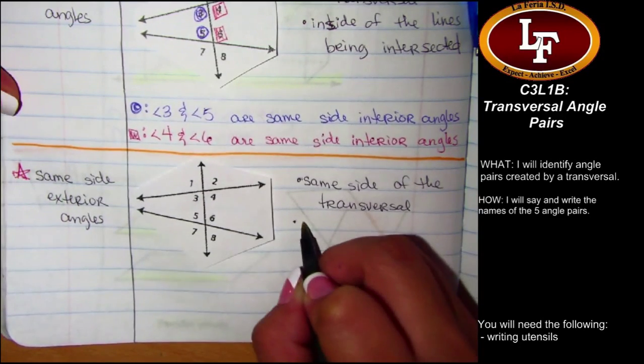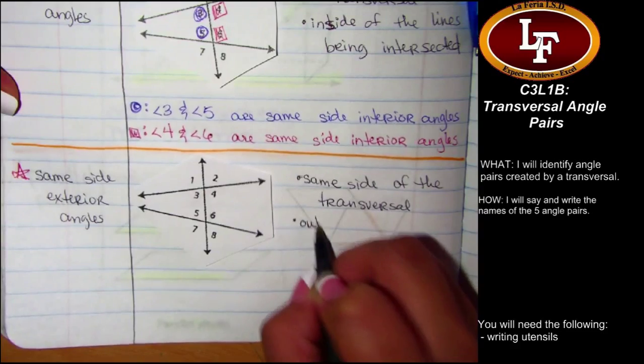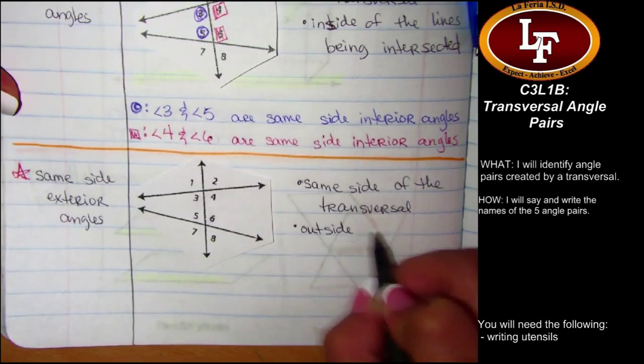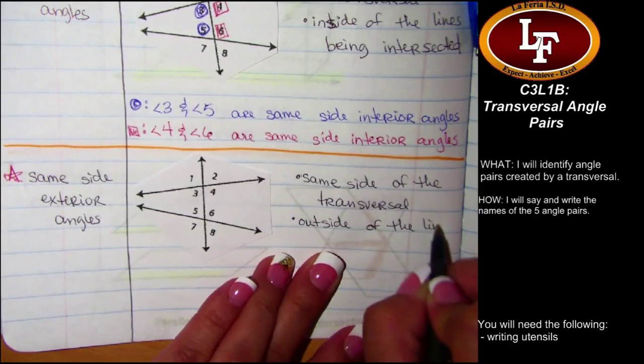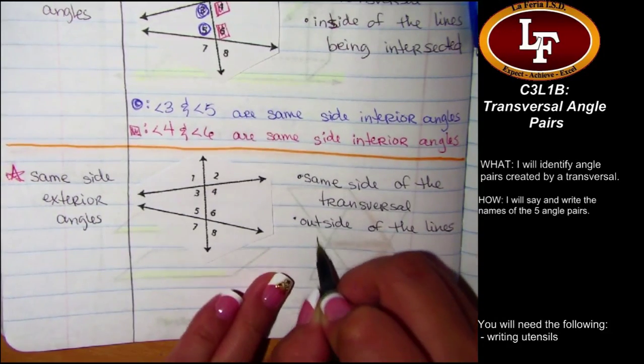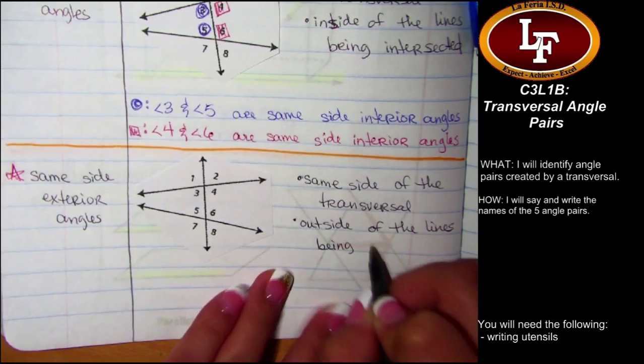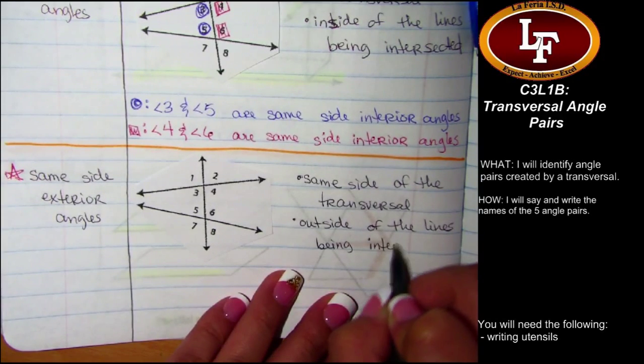But instead of being on the inside of the lines being intersected, they are going to be on the outside of the lines being intersected. And that's because we have the word exterior in their name.